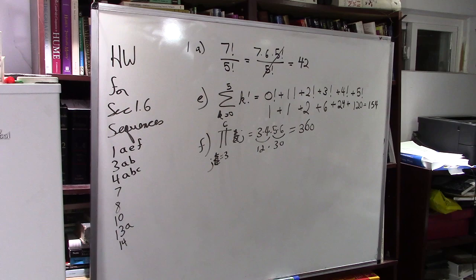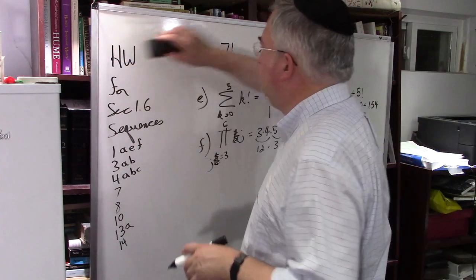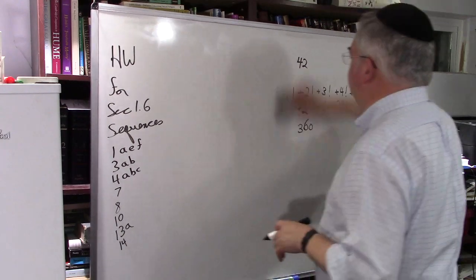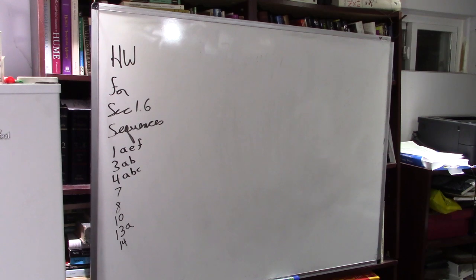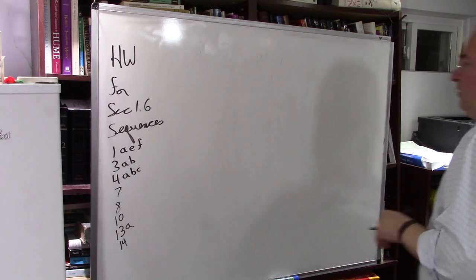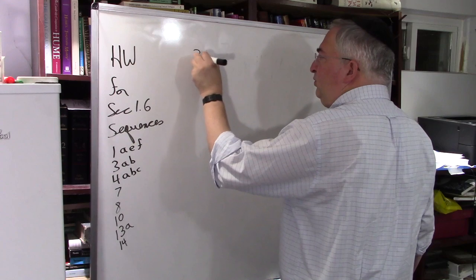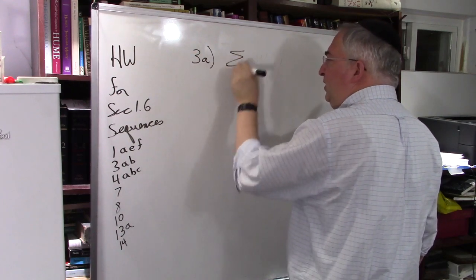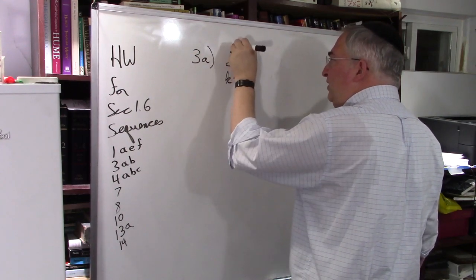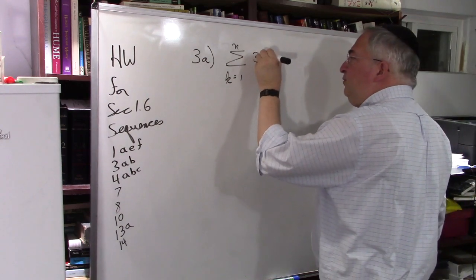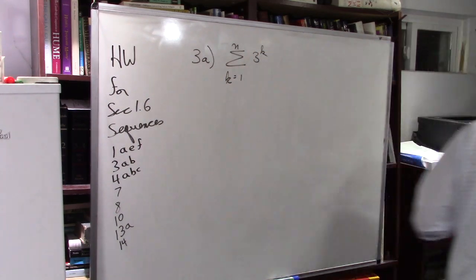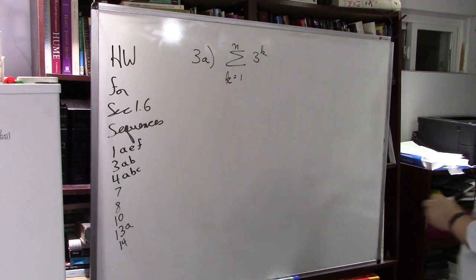Okay, so let's erase. 3a, the sum, k equals 1 to n of 3 to the k, and they want you to do where n is equal to 1.